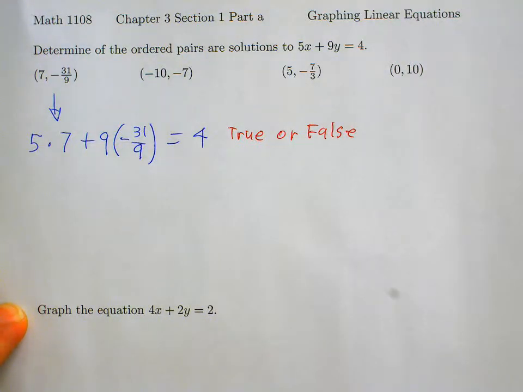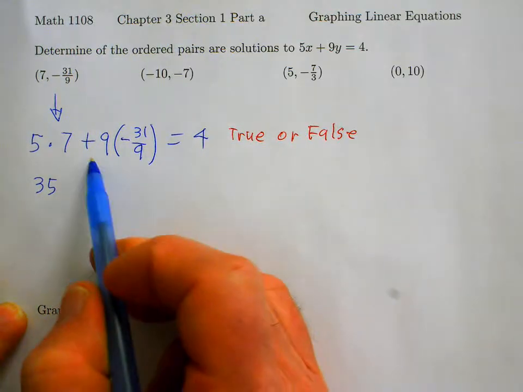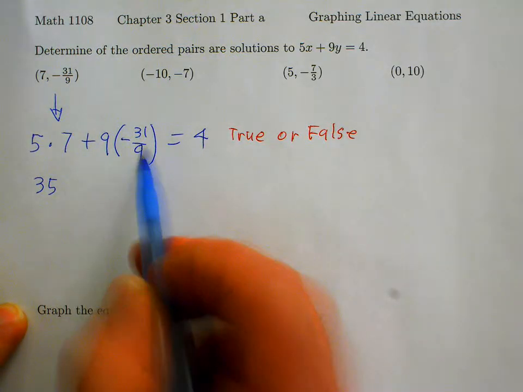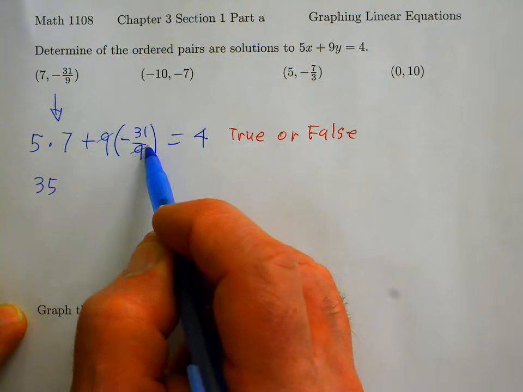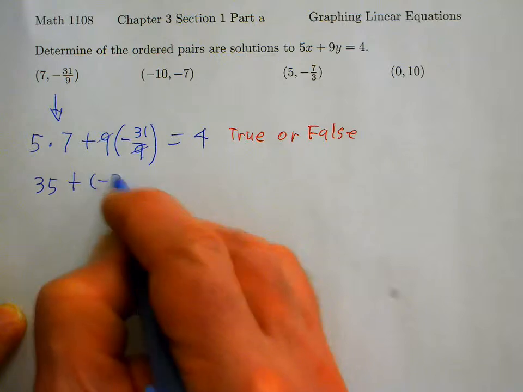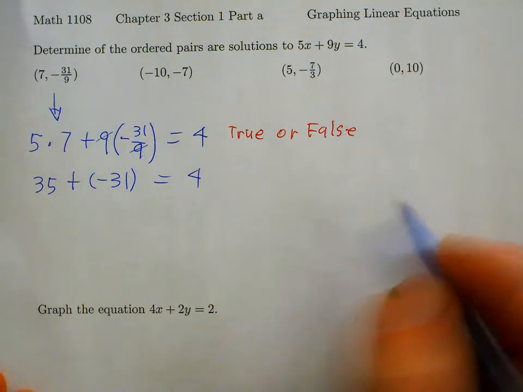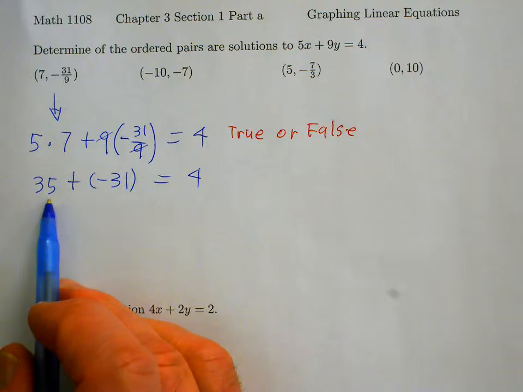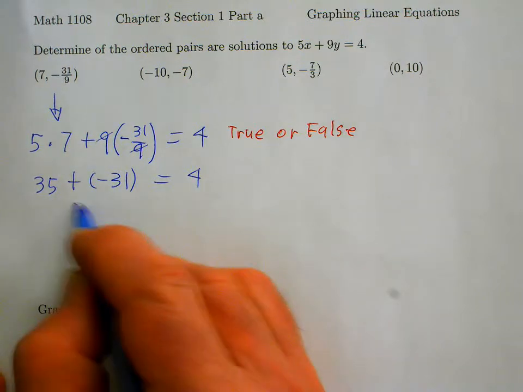Okay, so 5 times 7 is 35. And here, plus 9 times -31/9, we can cancel the common factors 9, and we're just left with plus -31. And it looks like we're going to get a true statement because 35 plus -31 is 35 minus 31.